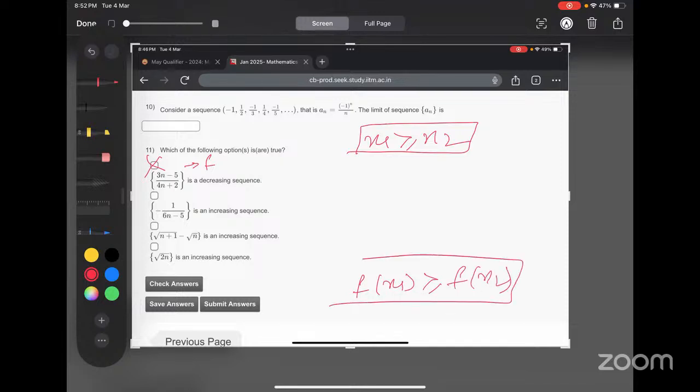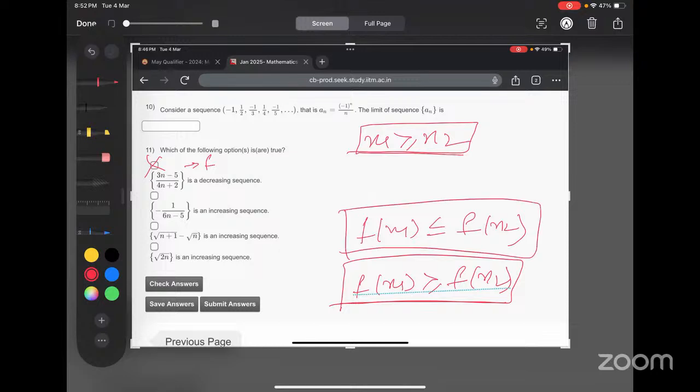Increasing means it should increase, no, madam? So x2 will be greater than x1, no? That's the same thing. If x1 is greater than or equal to x2, then f of x1 will be greater than or equal to f of x2. But if f of x1 is less than or equal to f of x2, that means the function is decreasing.